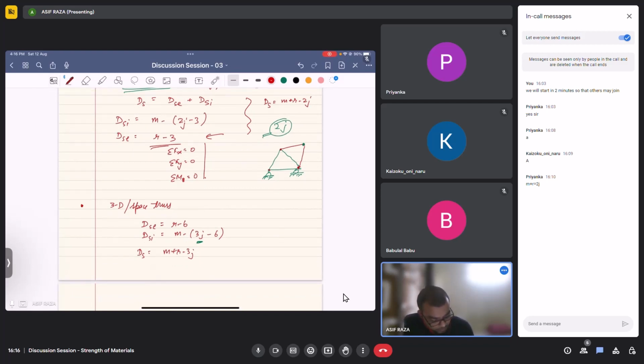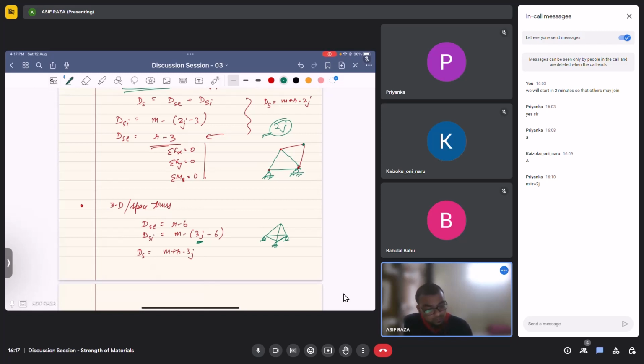So this is kind of a space truss. If we want to add more members to this space truss, what will happen?